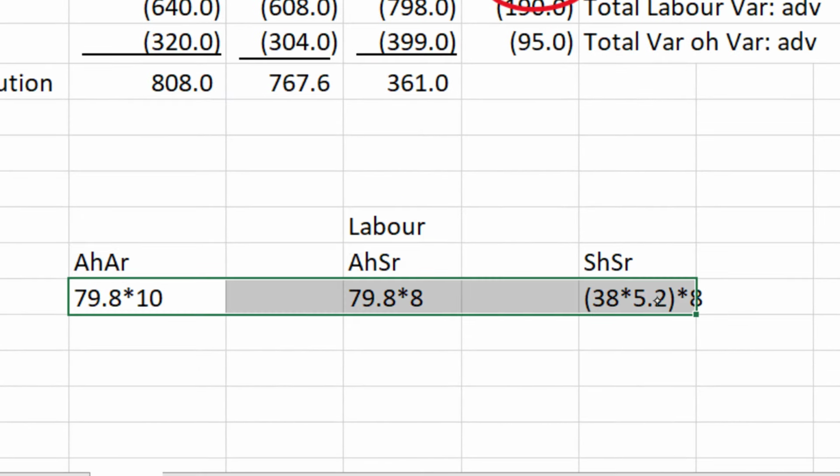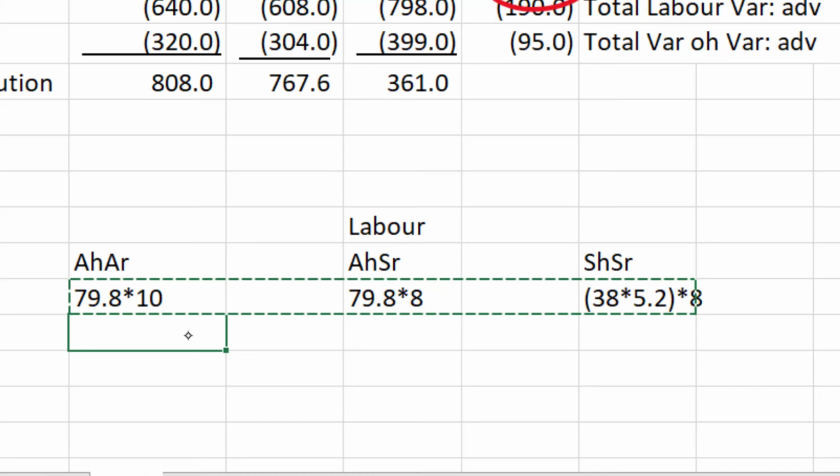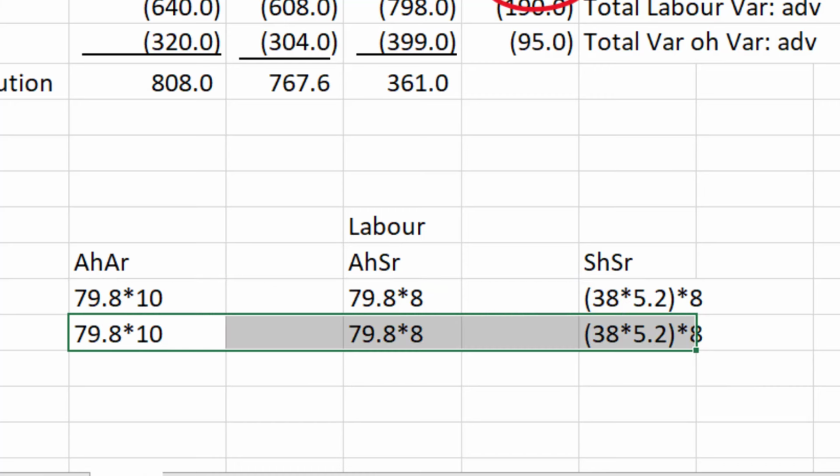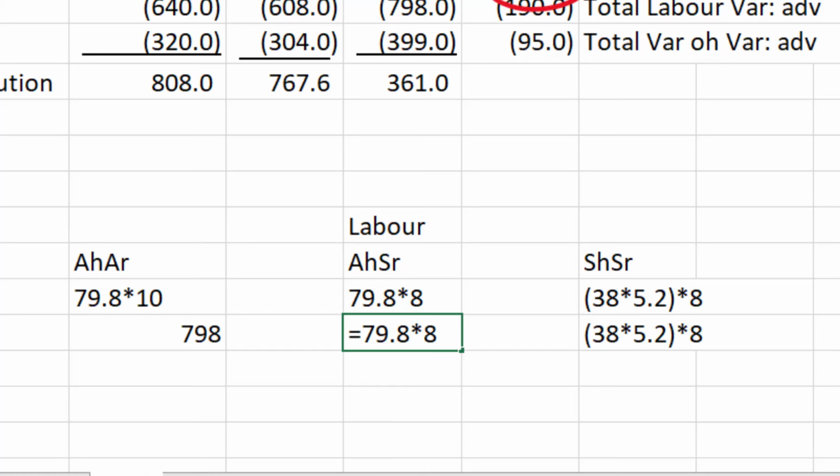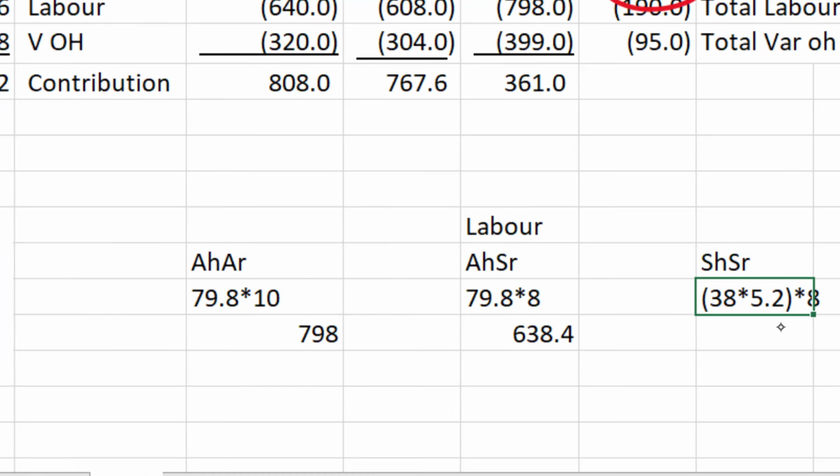Copy this down one. Put an equal sign in front of each. That's a 2, not a 5.2.